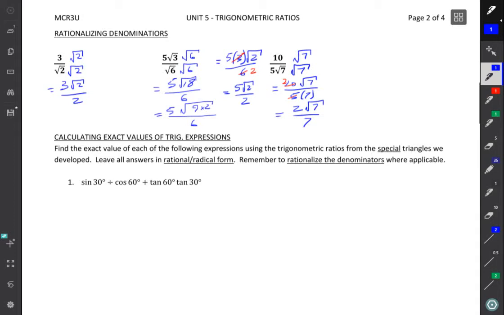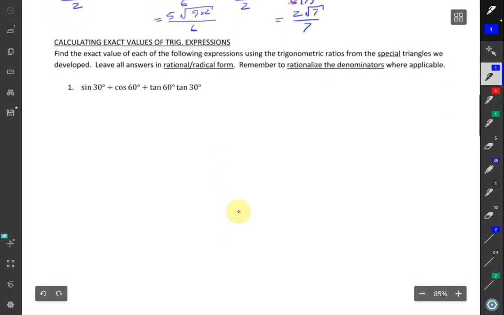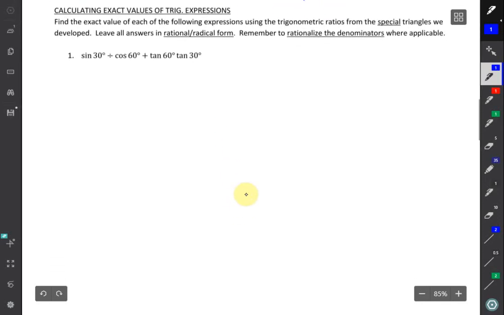Now the main focus of this lesson then is to take those special angles and their exact value ratios and use them to simplify trigonometric expressions and to get an exact value for them.